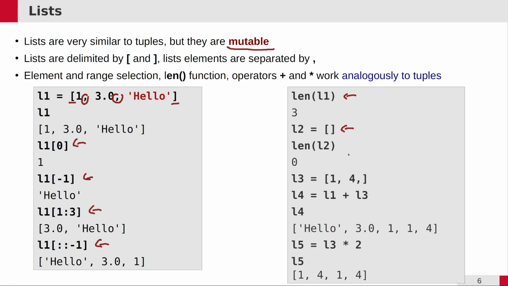So in contrast to tuples, you won't need the extra comma there. But similar to tuples, it always allows a comma after the last element if you wish. You can use the plus operator to concatenate lists, creating a new list which is the concatenation of the previous 2 lists, or the multiplication operator to repeat a list. So it's very similar to what we have learned about tuples already.